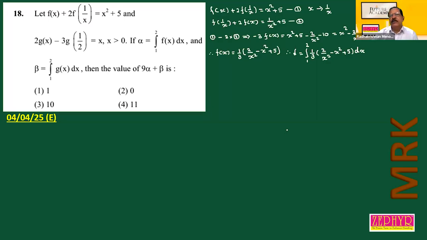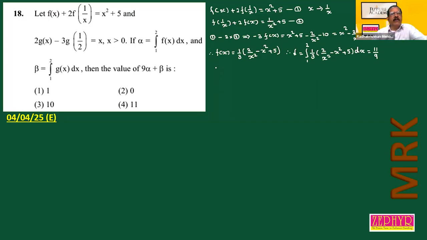So you have to simplify this. Evaluate it, you will be getting alpha is equal to 11 by 9. You know how to evaluate this. It is a simple function. Integrate it very easily, but do not commit mistakes in the calculation, because when you substitute 1 and 2, sometimes fractions come. You should be careful about that.